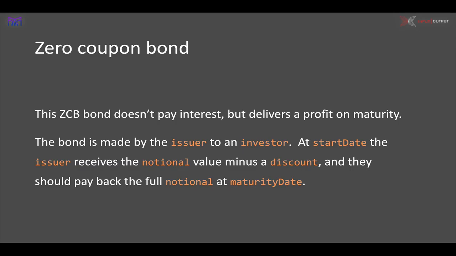At the start date of the bond, the issuer receives the notional value, the value on the bond, minus a discount. And then the issuer pays back the full value at maturity date. So they receive less than the full value at the start, but they pay back the full value on maturity, hence the profit for the investor.